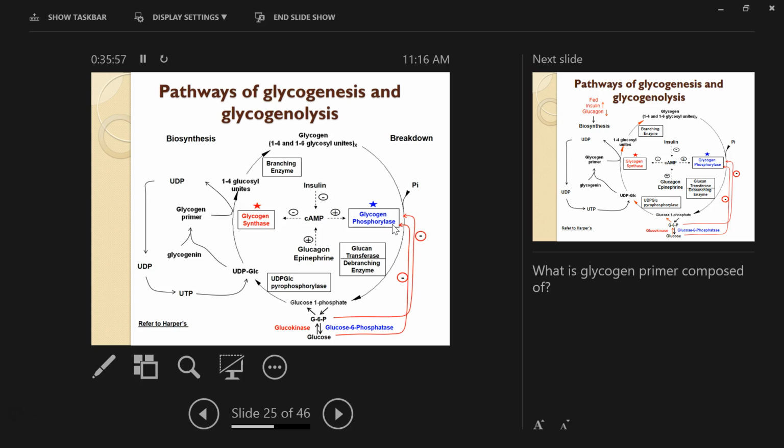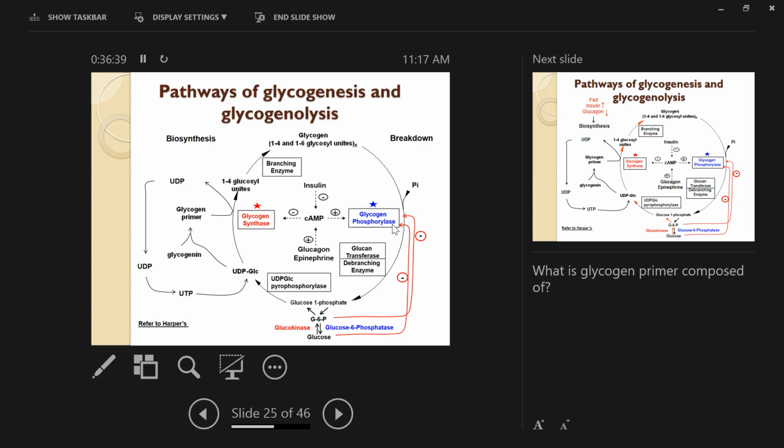Also, I think I mentioned the key substrate glucose 6-phosphate when we talked about fructose intolerance, remember? The patient has a glucose 6-phosphatase deficiency. Glucose 6-phosphate is a substrate that can inhibit the key enzyme glycogen phosphorylase.